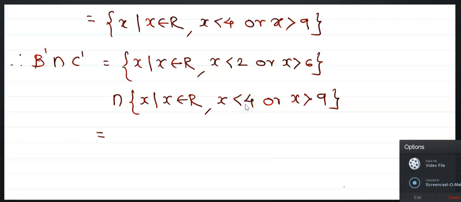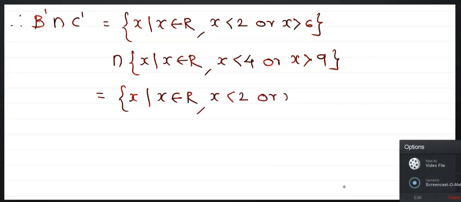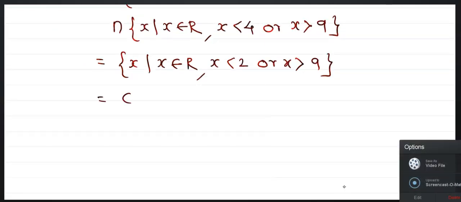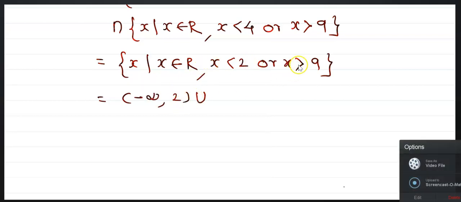Which is the common one? X is less than 2. And what about here? X is greater than 6 and x is greater than 9. Therefore, here we have minus infinity to 2 open, and here is from 9 to plus infinity.